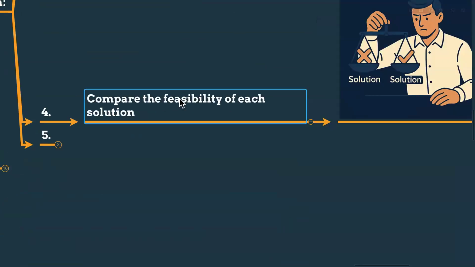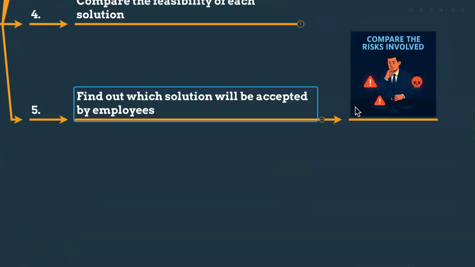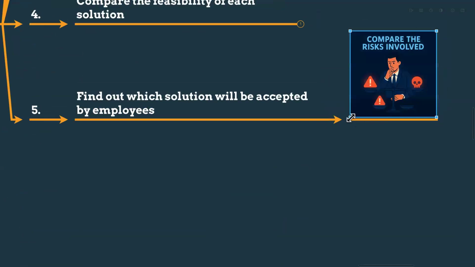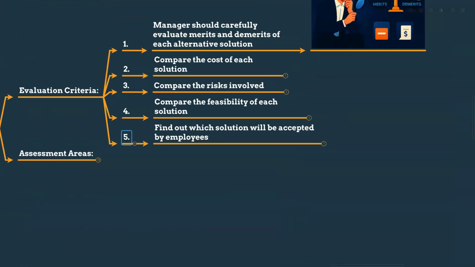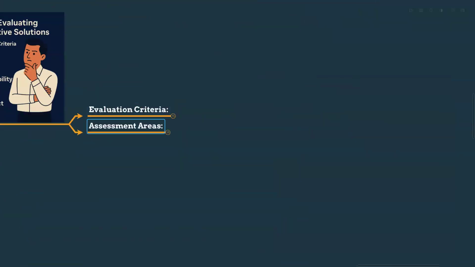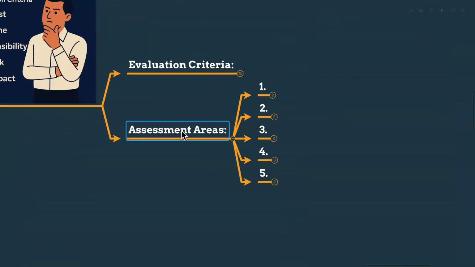So this is also something you have to follow when evaluating the alternatives, and find out which solution will be accepted by employees. Sometimes your option cannot be accepted by the employees.